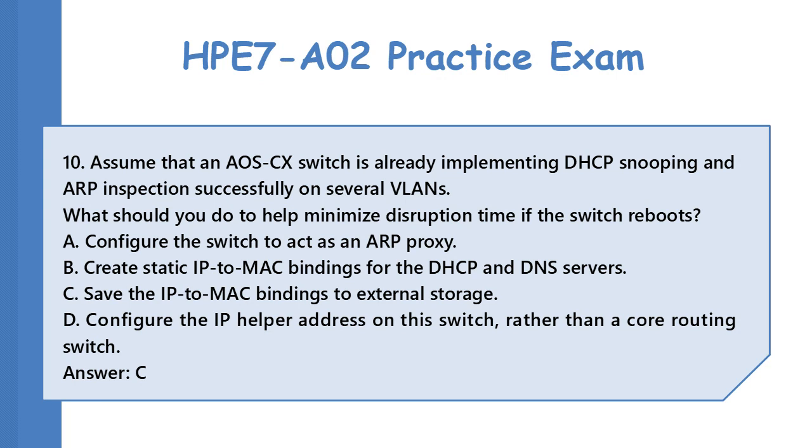B. Create static IP to MAC bindings for the DHCP and DNS servers. C. Save the IP to MAC bindings to external storage. D. Configure the IP helper address on this switch, rather than a core routing switch. Answer: C.